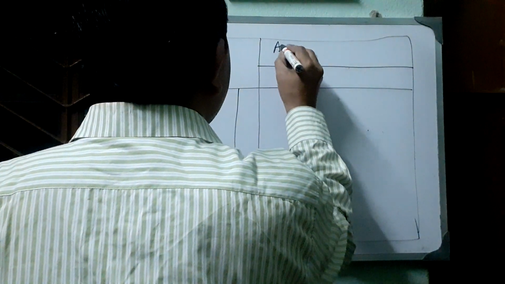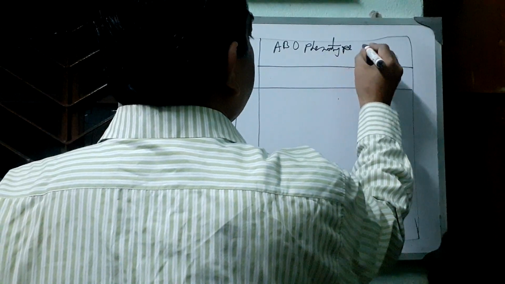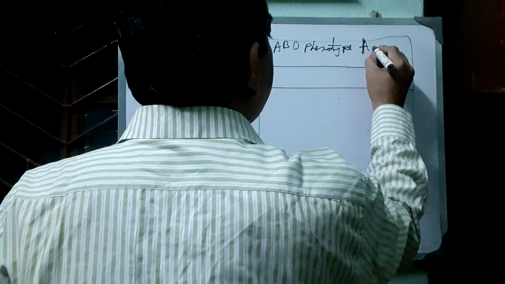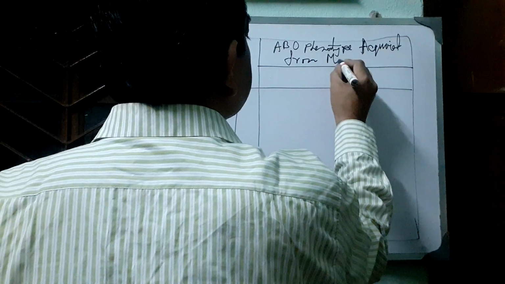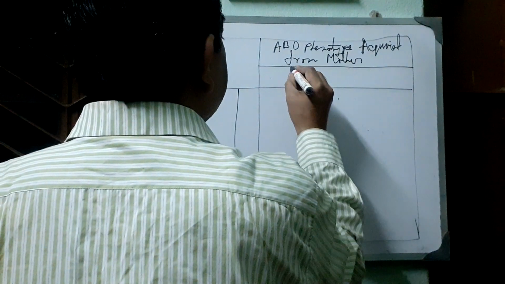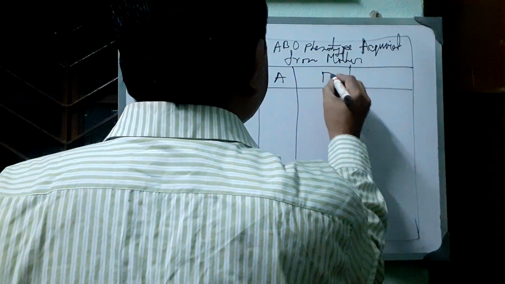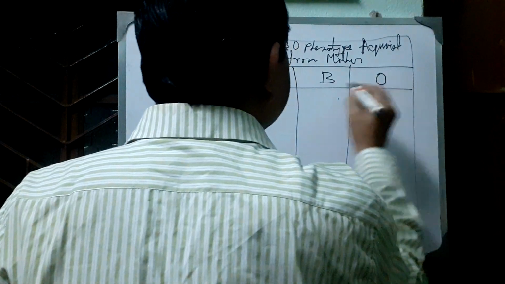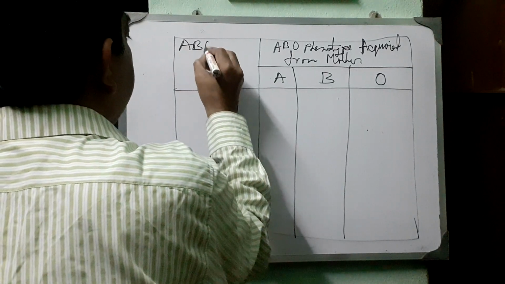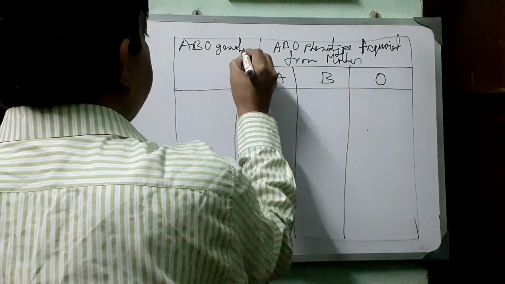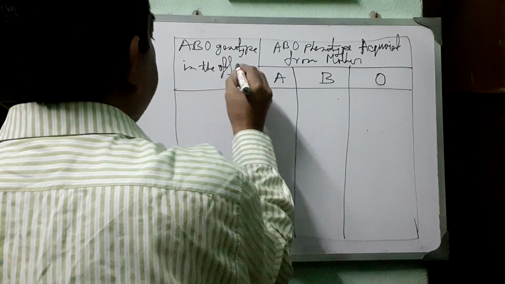It is the ABO phenotype acquired from the mother, and these are the three alleles, the three genes of the mother, and the ABO genotype found in the offspring, meaning the baby.